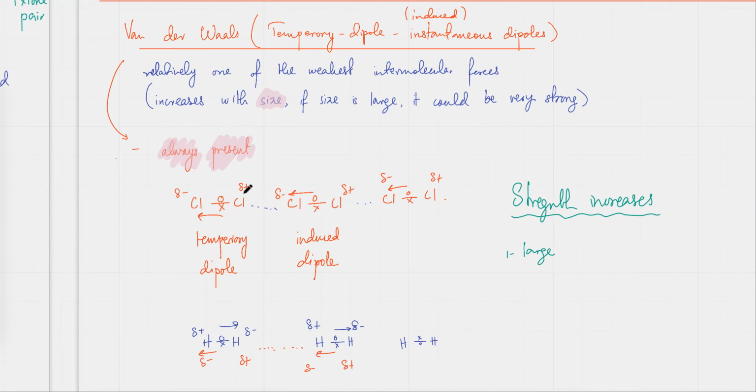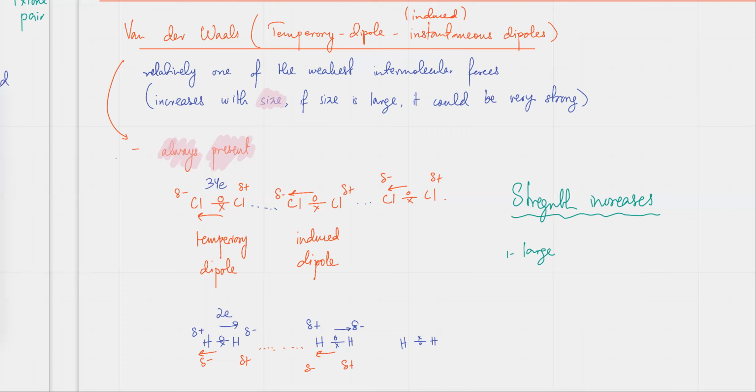So if the 34 electrons get knocked to one side, the slight negative charge and the slight positive charge would be pretty large. Hydrogen just has 1 electron here, 1 electron here, a total of 2 electrons. So if 2 electrons get knocked to either side, then the slight positive, slight negative charges that are building up are not going to be that strong.